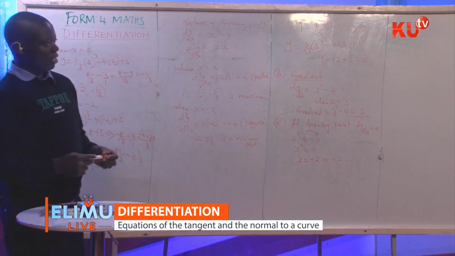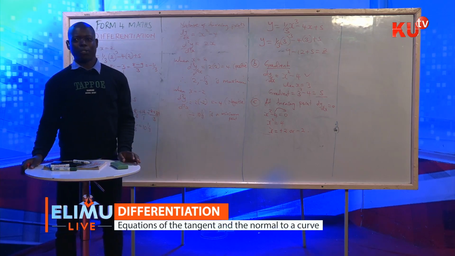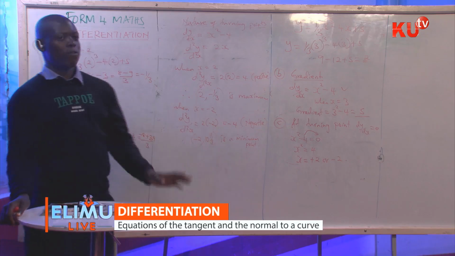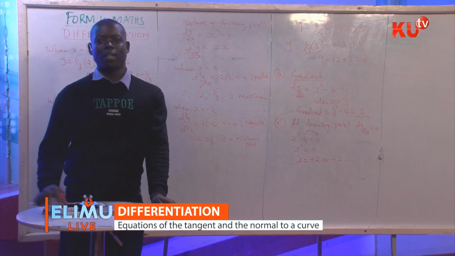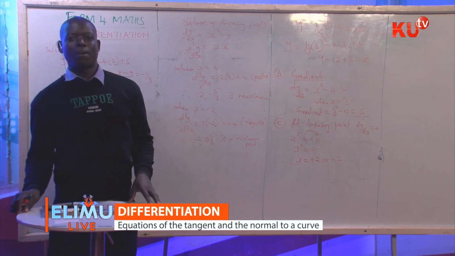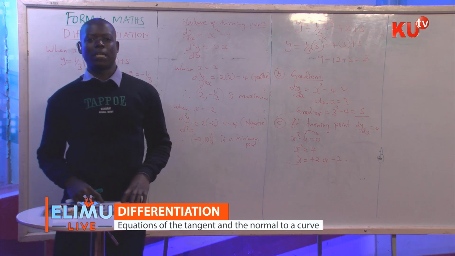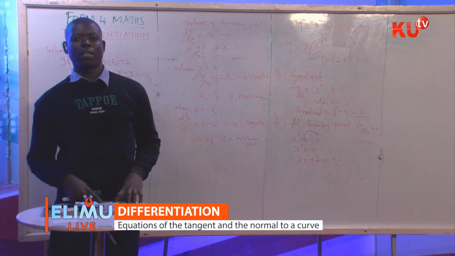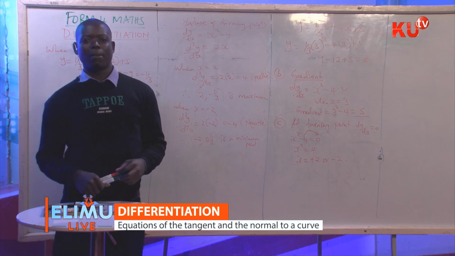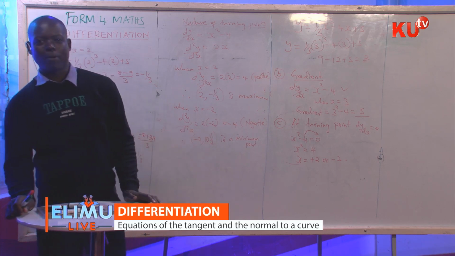So those are the areas that we have discussed in our lesson. Just as a review, as we prepare to show the last 2 questions as our assignment, we've discussed 4 areas: differentiating polynomials, how to get the gradient of a curve at a point by differentiating the function and replacing the value of x in the derivative, and how to determine the turning points of a curve and their nature.